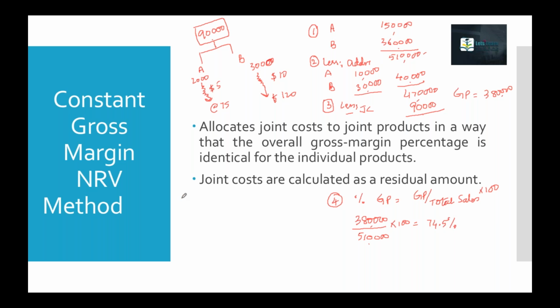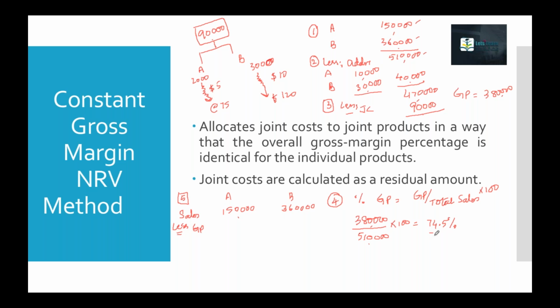And in the fifth step, what we need to do is calculate individuals like A and B. First you take the sales of individual products, which we already calculated, 150,000 and 360,000. Less gross profit.